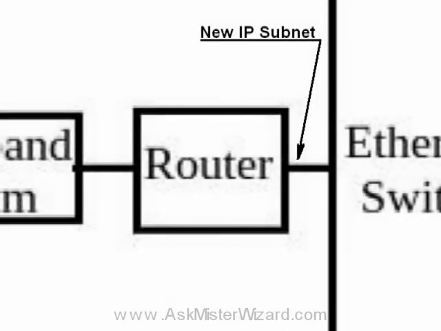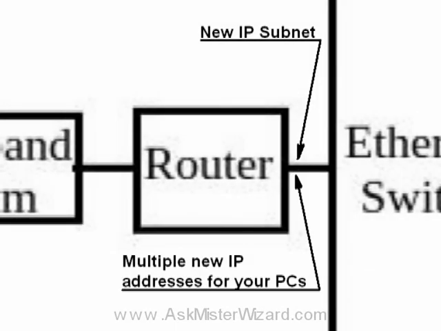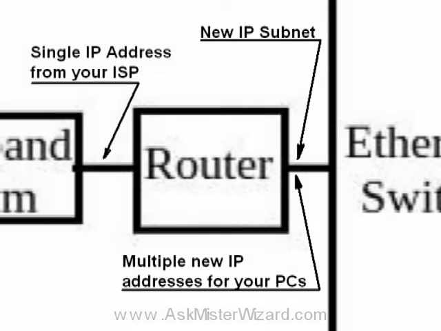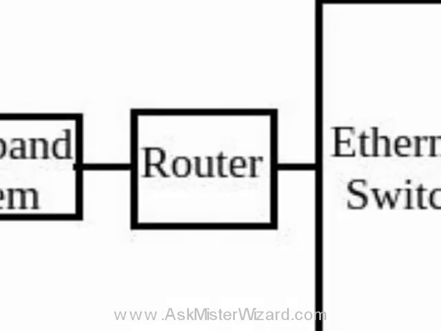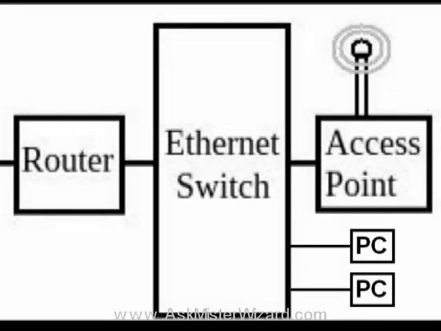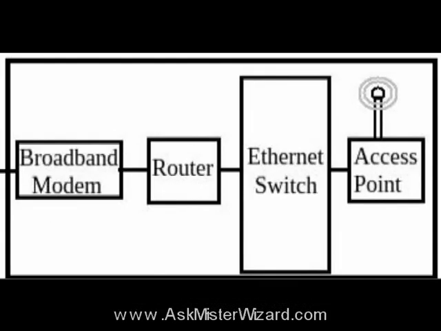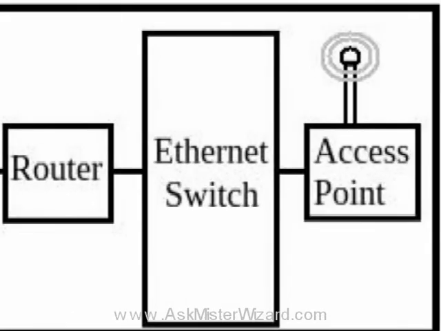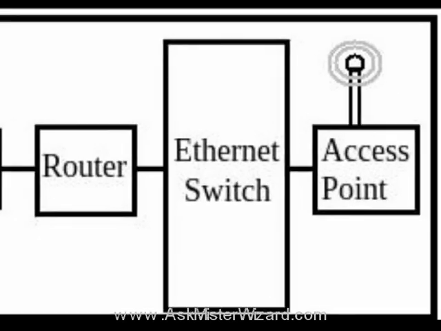The router will create a new IP subnet on which you can share your single internet address with several computers. The Ethernet switch will expand that new subnet with several physical Ethernet connectors for wired PCs, and the wireless access point will allow shared radio access to the resulting LAN segment.